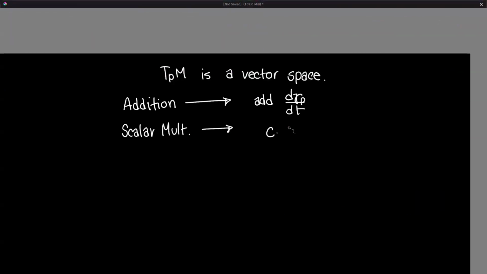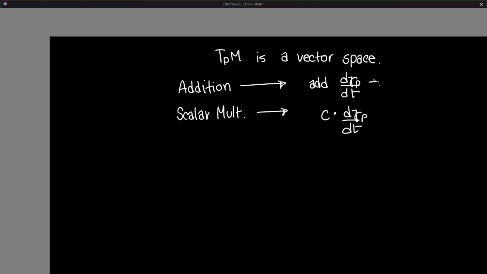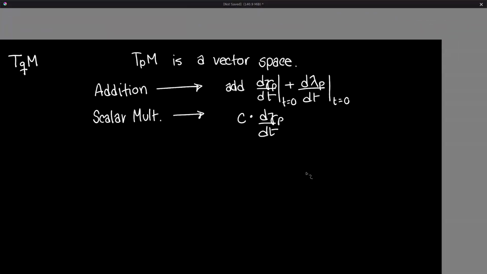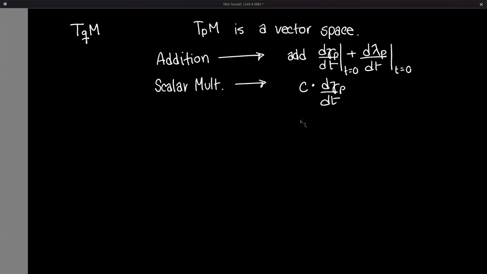We multiply c times d gamma p dt, like d lambda p dt, at t equals 0. Remember the t equals 0 here. It's very important because they have to be all at the same point. If we have two different points, they're two different tangent spaces. So if we were at point Q, then we would have TQ of M, which is a different space from TP of M.